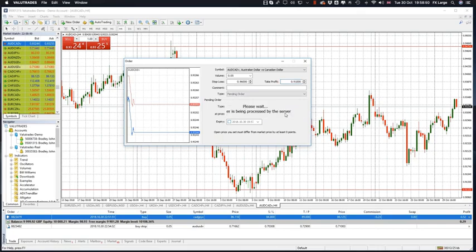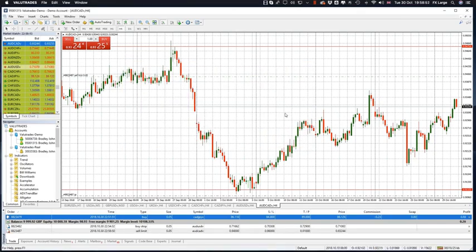We click place. We now have a pending order. And we can put it right about here. So we're hoping that price will come up, hit this line of resistance, and then reverse and go back to where we want it. So I've moved the entire thing up.